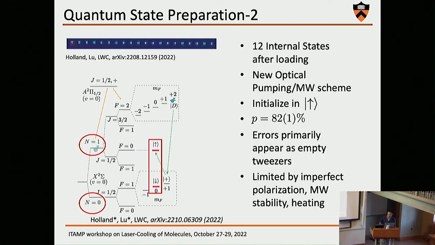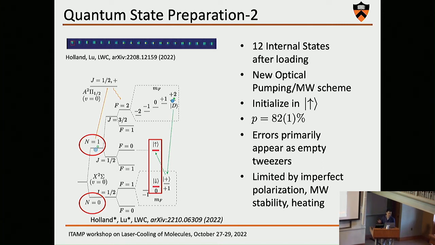So now, with rearrangement, we can actually know where the molecules are, but that is still not good enough. Because during laser cooling and imaging, the molecules are actually spread out over a bunch of hyperfine states in N equals 1. There are not that many here, but there's still 12, and we have to put all of them into a single quantum state, single internal hyperfine state.